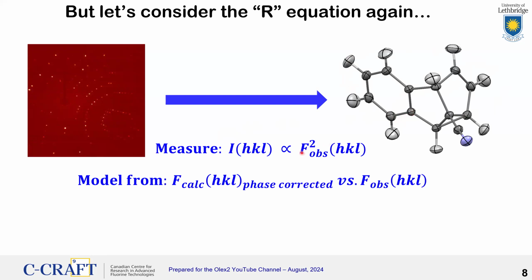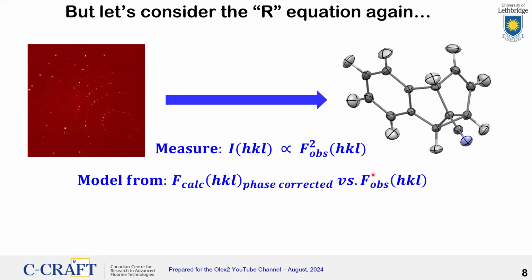And the models are built using something known as the calculated structure factor, which is a mathematical formula, again indexed to the geometrical Miller indices, H, K, and L. There is a phase correction, which I'm not going to talk about, and there are other things going on in this puzzle. But once you get the right structure, you then adjust the parameters of that structure, the bond distances, the bond angles, etc., the positions of the atoms in the unit cell, so that FCalc changes in order to become more like the FObs.